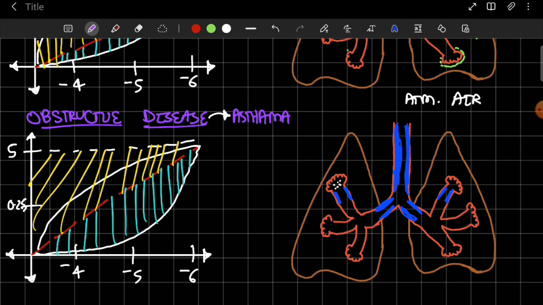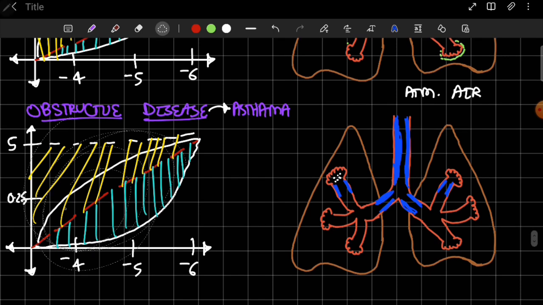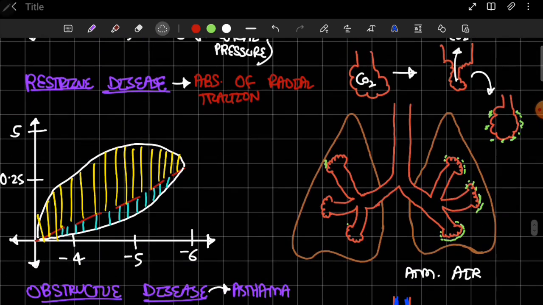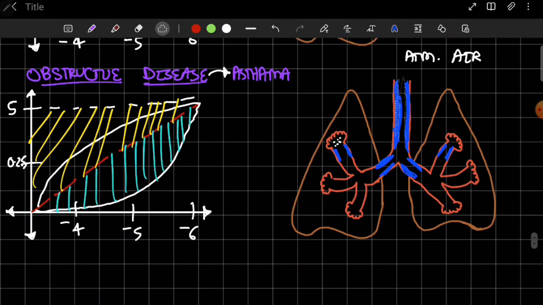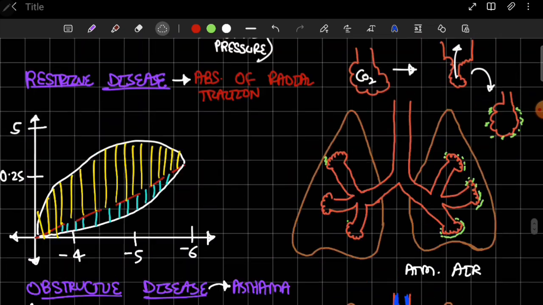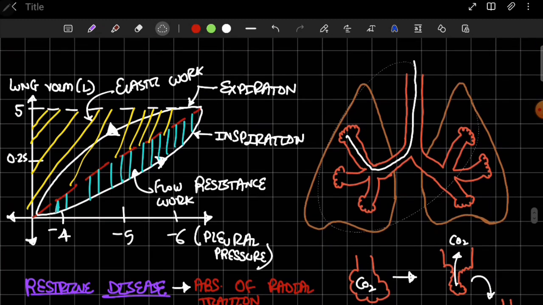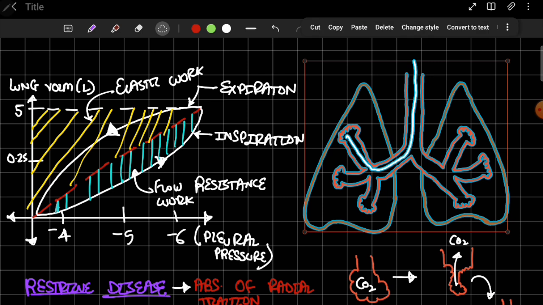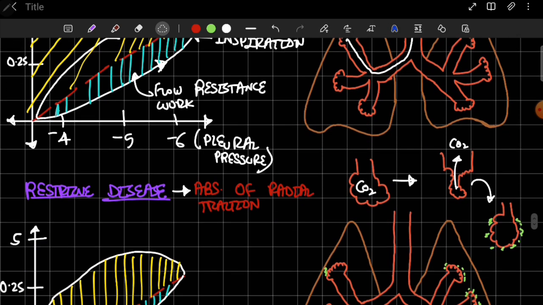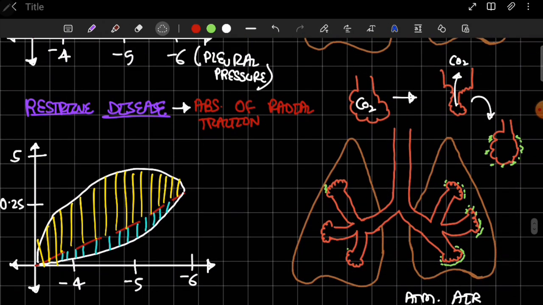If we give some asthma pump and measure his compliance before and after giving the pump, what will be the result? Before giving the pump, the graph will be like this because there is asthma, and after giving the pump, the hindrance which is here will be avoided because of that pump. So the graph will be nearly like this, not fully, but a little less or nearly like this. So this will be obstructive disease, not a restrictive disease.